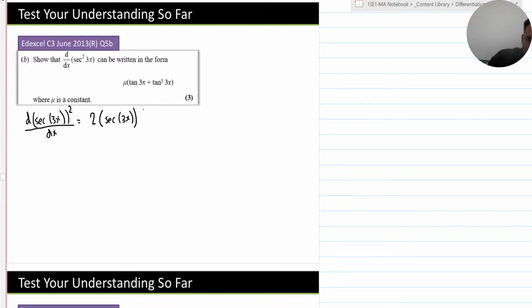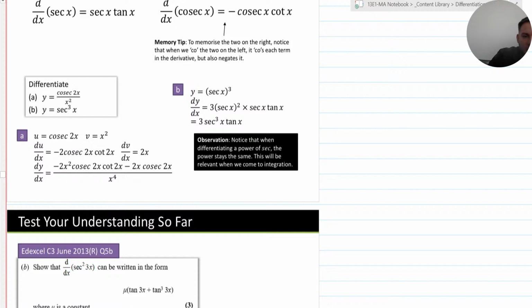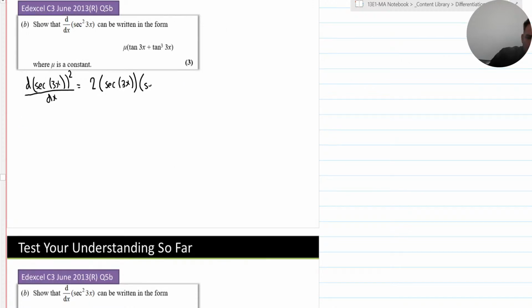So if I differentiate the sec first, I end up with 2 sec of 3x times by, if I differentiate sec x using our notes before, I get sec x tan x. So times by sec of 3x tan of 3x. Last part, I need to differentiate inside of that, which is going to be times by the 3.